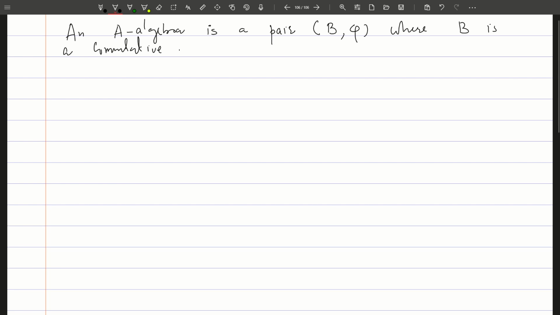We can say an A algebra is a pair, say B and phi, where B is a commutative ring, and phi from A to B is a ring homomorphism.